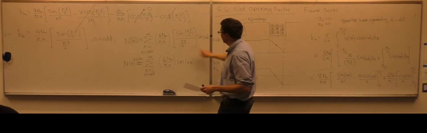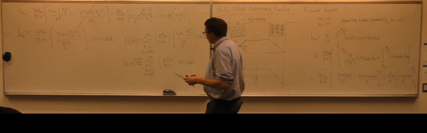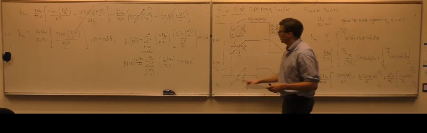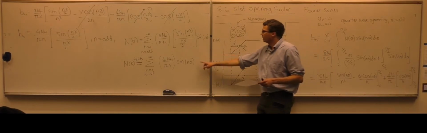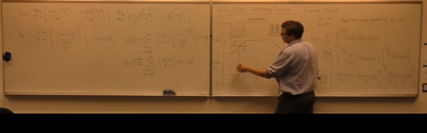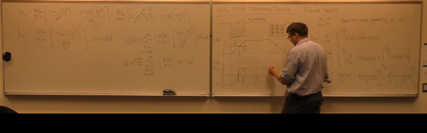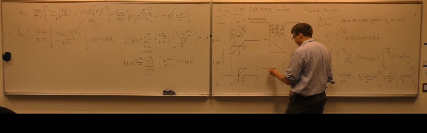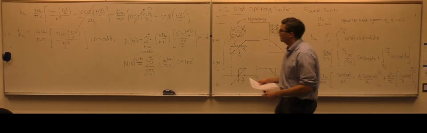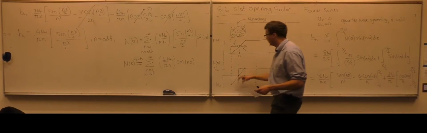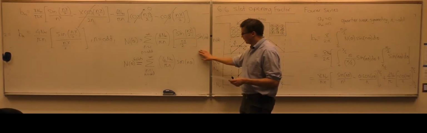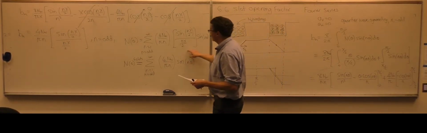So comparing these two, why I'm comparing these two is this one is if we ignore this effect and we have a square wave instead. So how does this affect the voltage? This will give it to us.